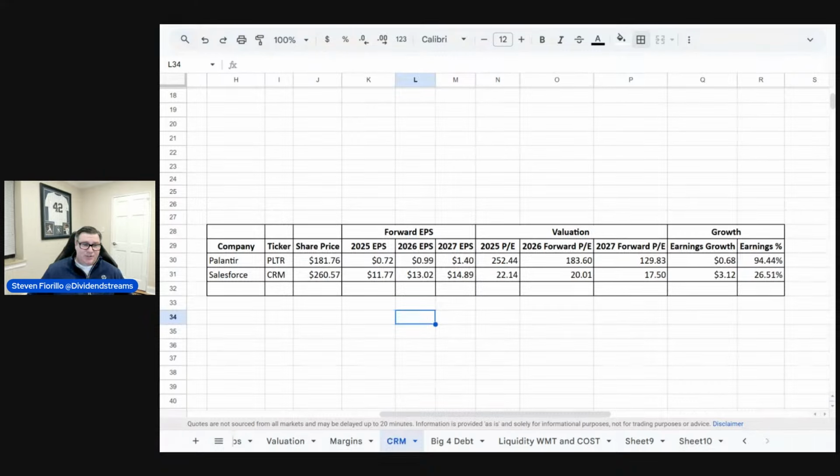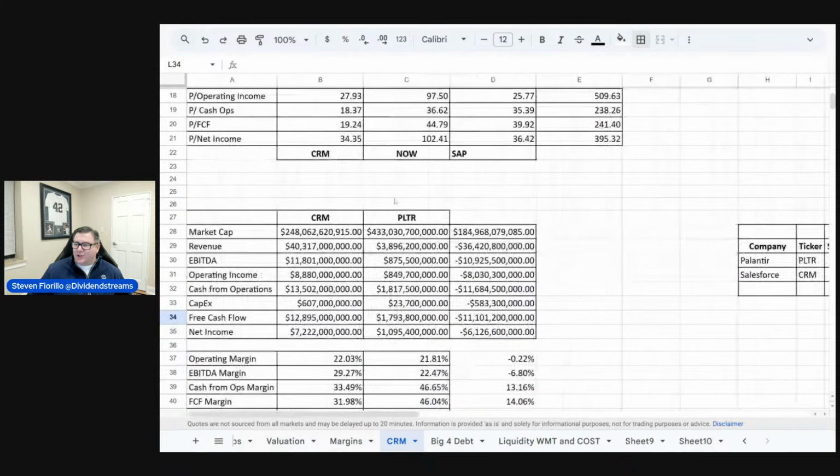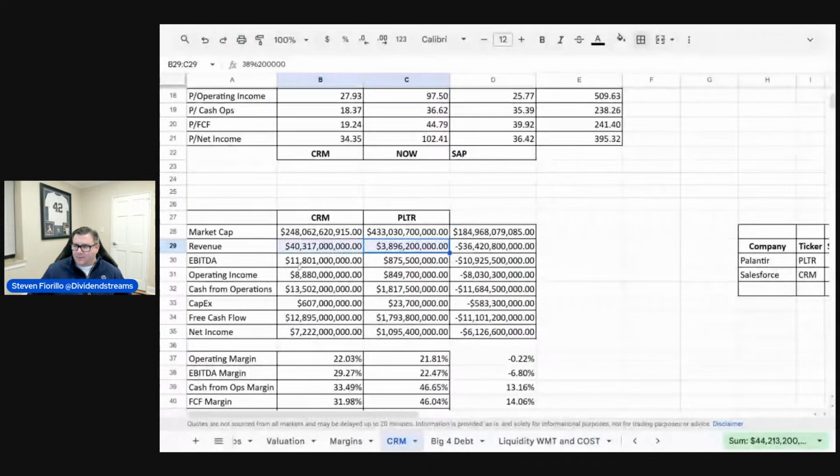So I think next year's EPS is pretty damn low. That's just my opinion. But at the same time, if the analyst community is correct, and I get it, Palantir is growing a lot quicker. But in all seriousness, they should be growing a lot quicker. Look at that.